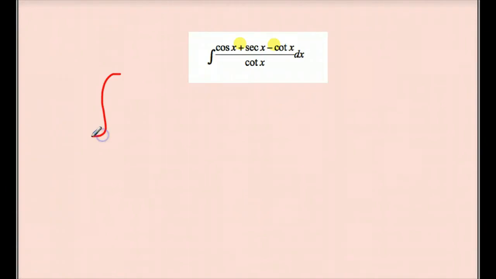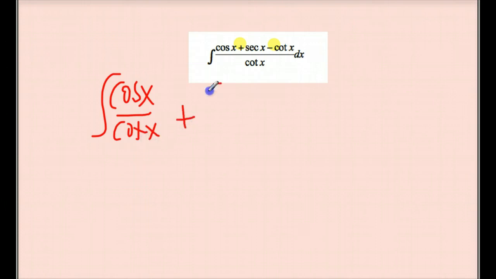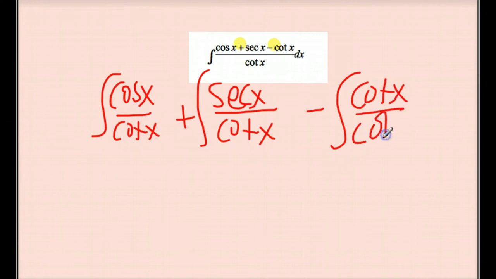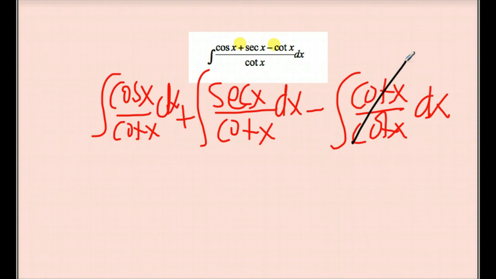So I get the integral of cosine of x over cotangent of x plus a secant of x, secant of x over a cotangent of x minus an integral of cotangent of x over cotangent of x. And all of these must have that dx at the end. This third one is actually the easiest one because I noticed that these cancel. So this can be rewritten as minus integral of dx.